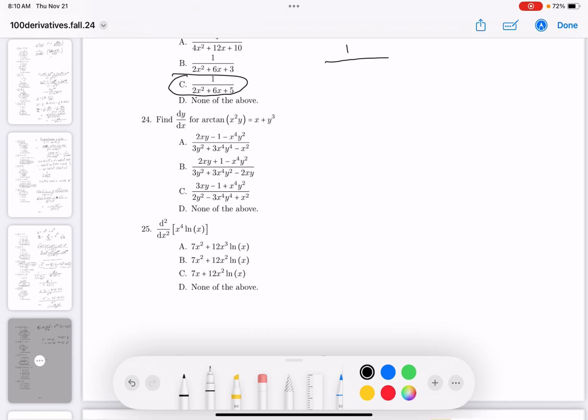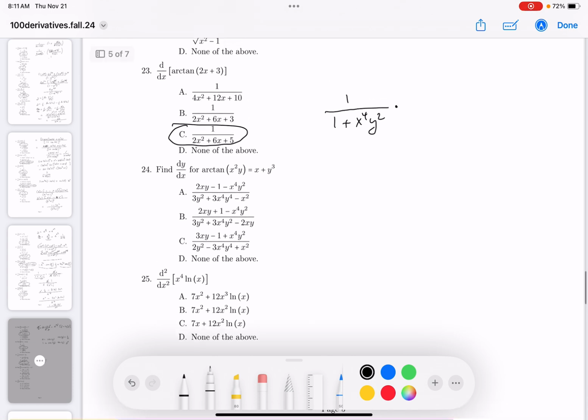So it's going to be 1 over 1 plus x to the 4 y squared times the derivative of the inside. And the derivative of the inside is going to be 2xy plus x squared y prime. All right, let's go to the other side. It's not that bad. It's going to be 1 plus 3y squared y prime.